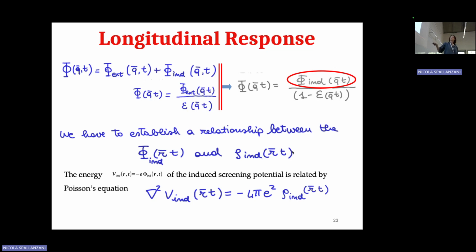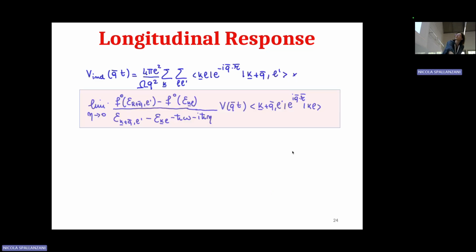And finally, the Nabla square of the induced potential is related to the induced density by the Poisson equation. Putting everything together, we have this relation here, the induced potential in terms of the total potential.